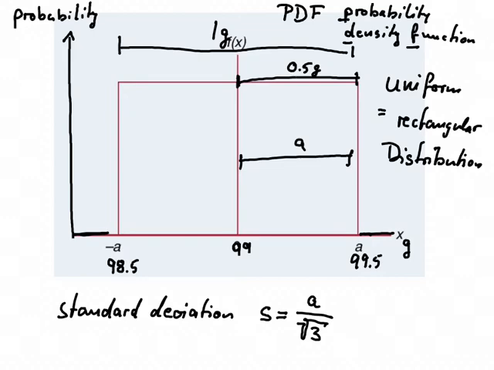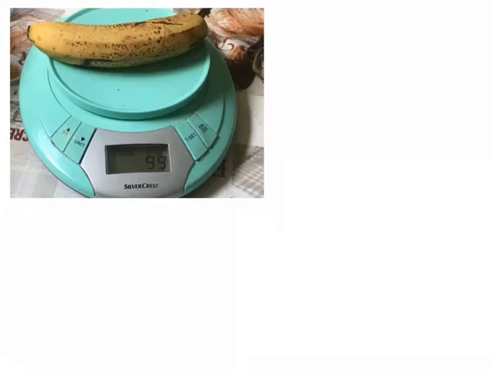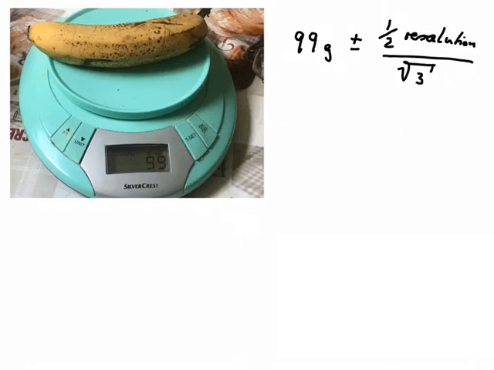So we can now express the mass of the banana as 99 gram plus minus A, and that was half of the resolution, divided by square root 3.